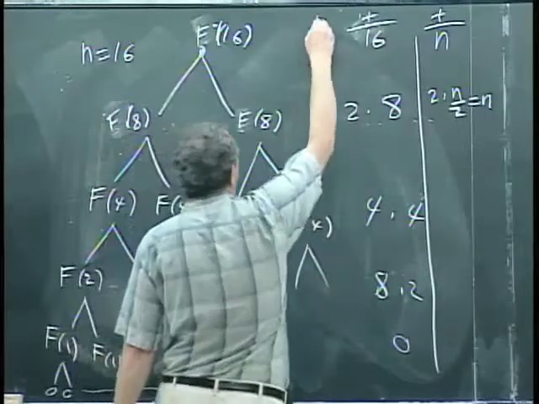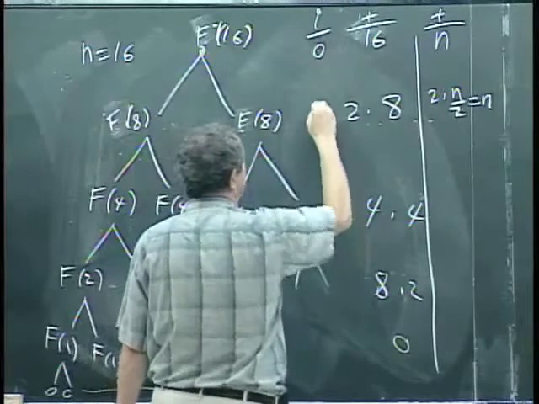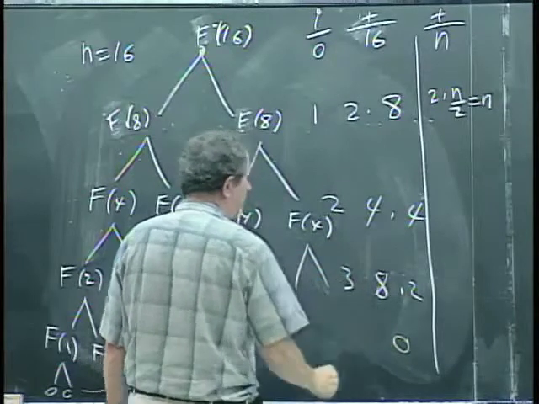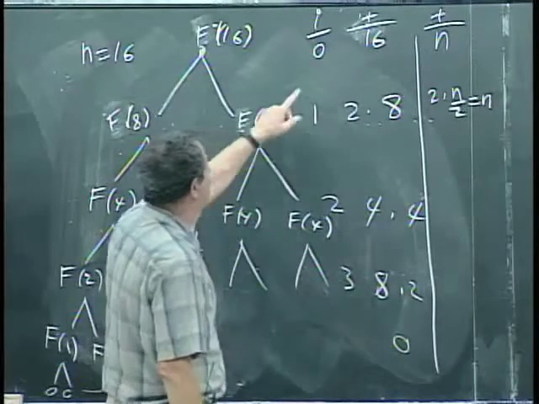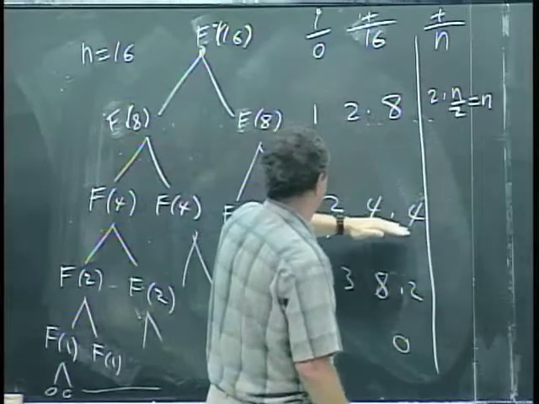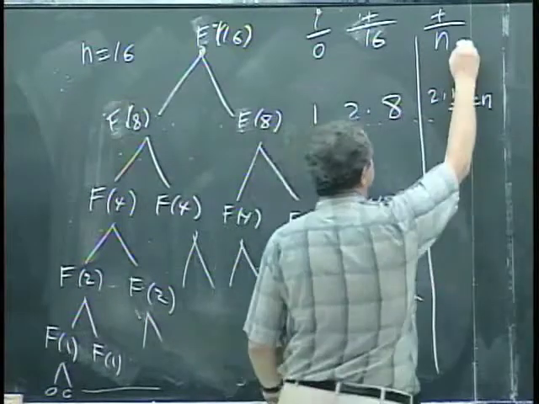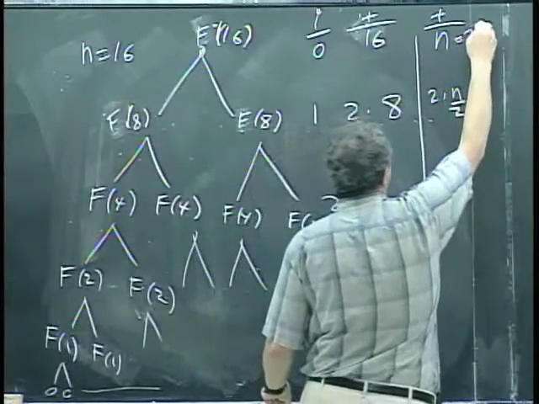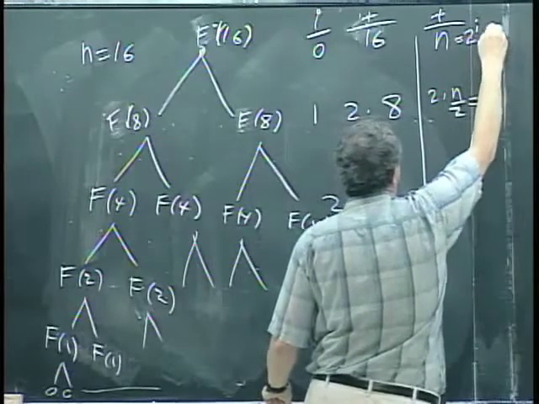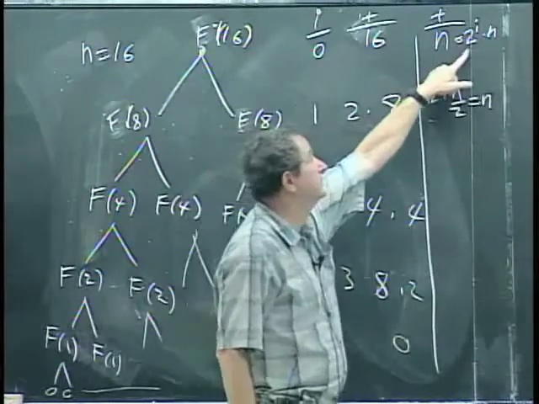So if I have a level i, call this level 0, call this level 1, level 2, level 3, okay? Then to see this abstractly, this is 2 to the i times n over... but i is 0 at this point.